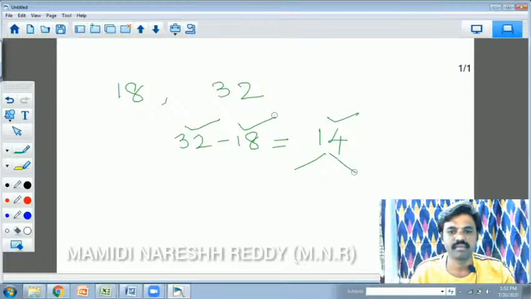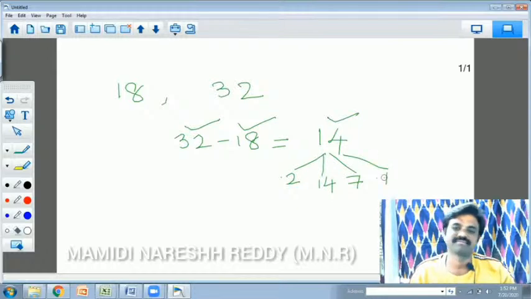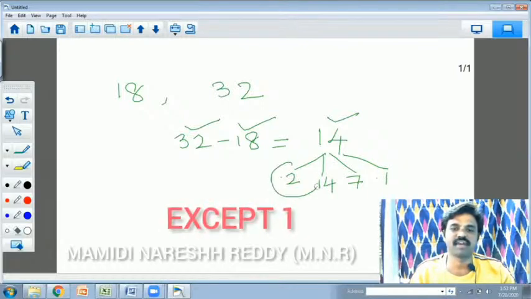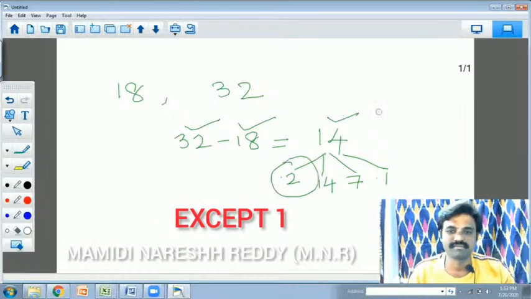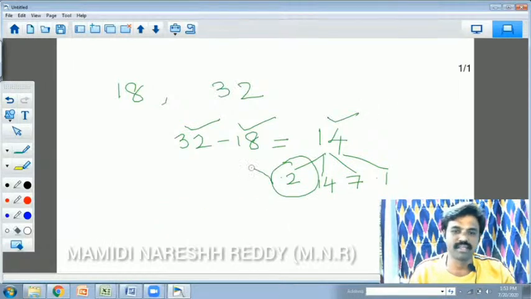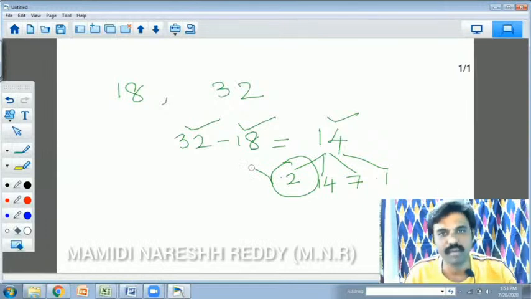What do we get? 2 and 7, and one more factor 14, and one more factor 1. These are the factors of 14. In this, we need to take the least factor of 14 that is common, and that is to be considered as the GCD of 32 comma 18. It's simple.